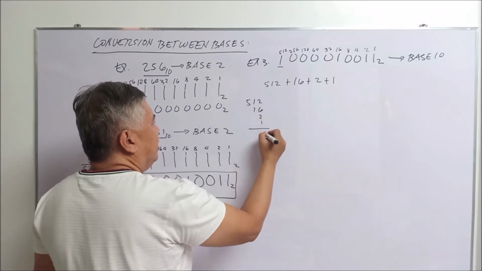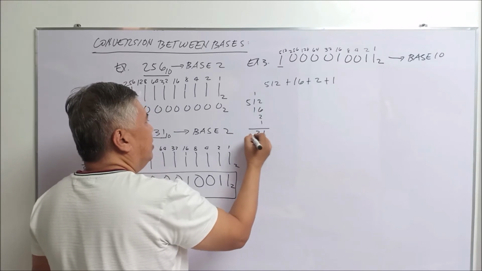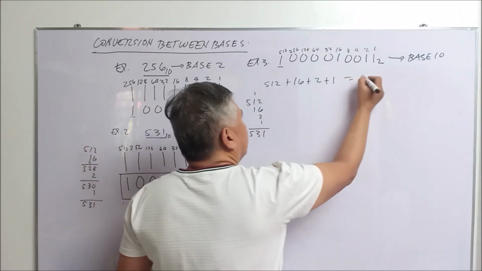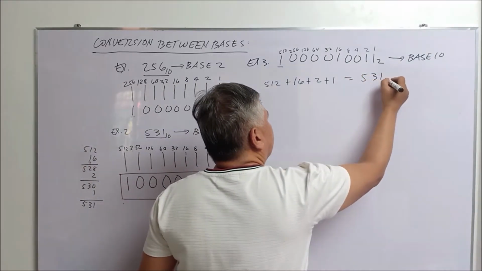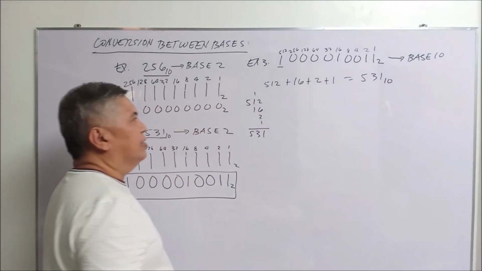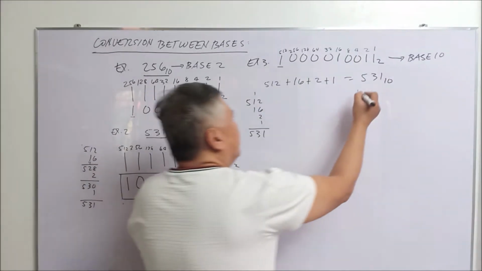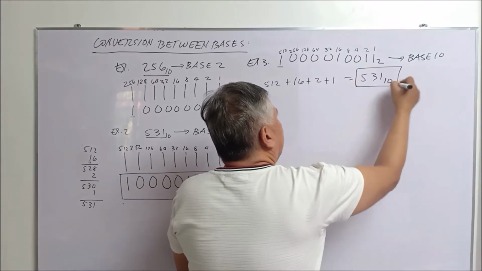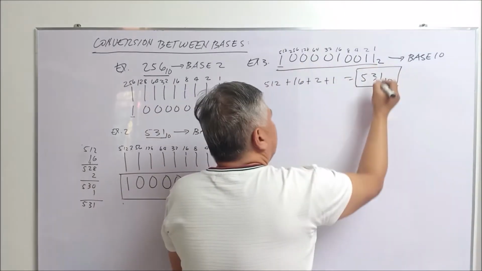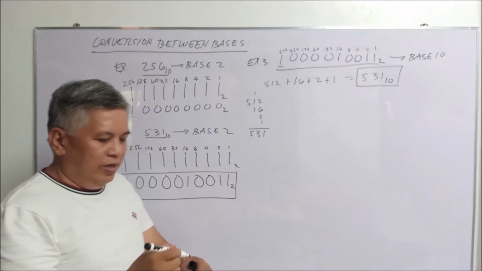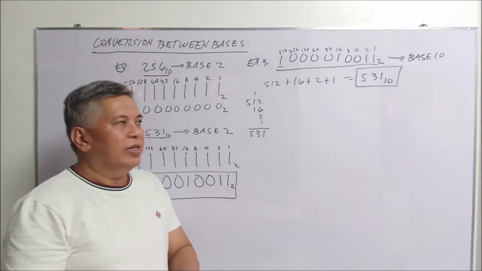So you have 10, 11, carry 1, 3, 531 of base 10. So that's how we convert a binary number into base 10 or decimal number system.